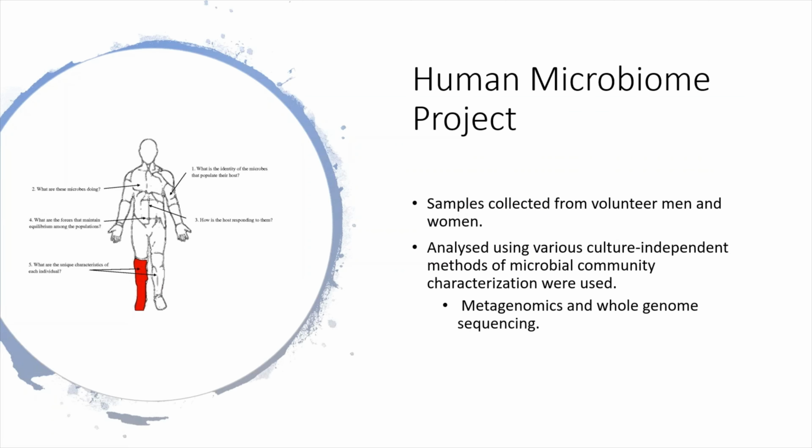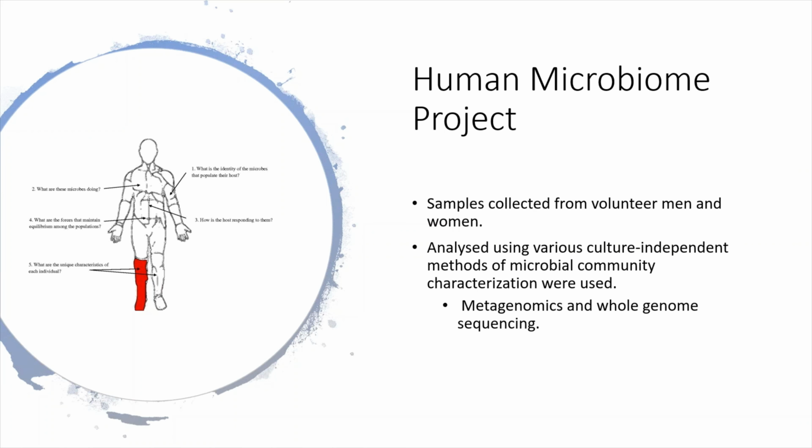So I mentioned earlier the Human Microbiome Project and how this provides some important information into the world of garment control. So the US researchers in this case collected samples using various culture-independent methods of microbial community characterization.